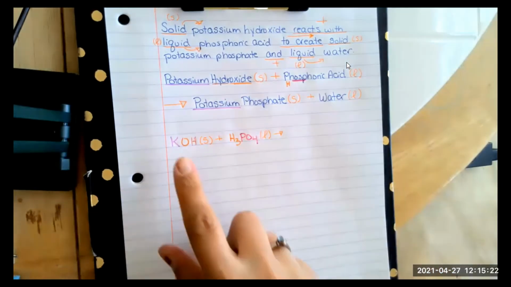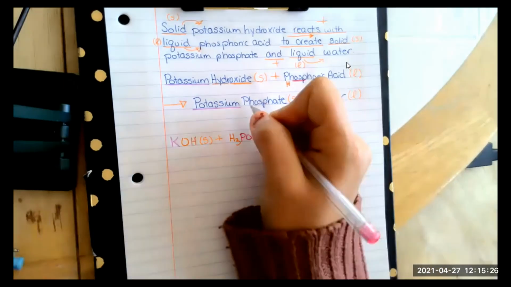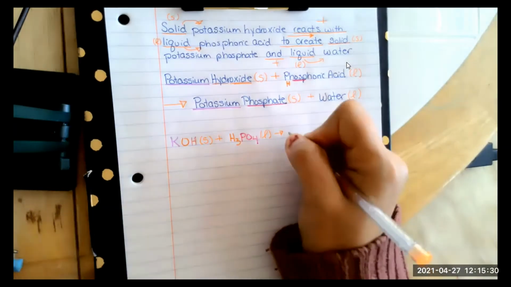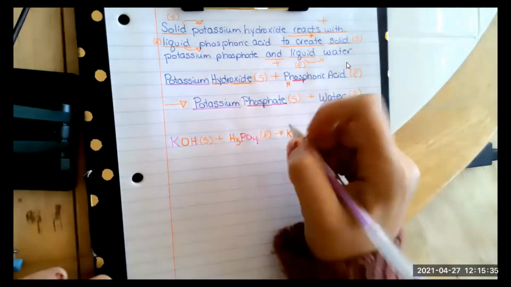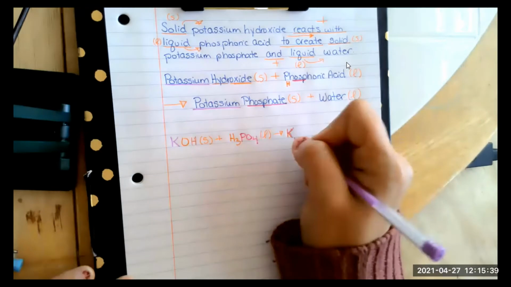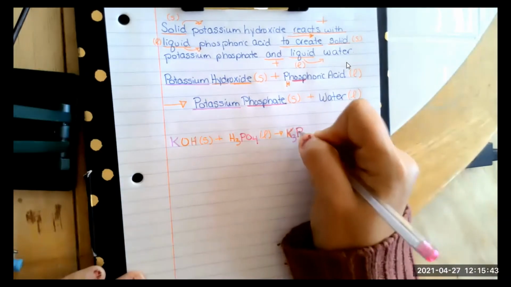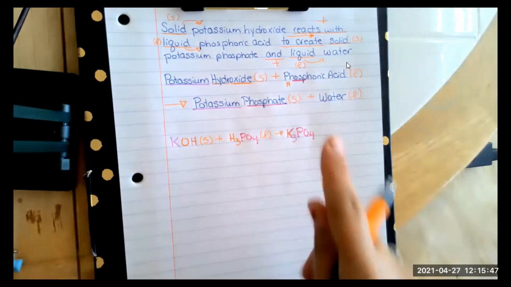Over here, I have potassium phosphate. We can go ahead and pull over our color coding for both potassium and phosphate. So I have K, that's not the right color, sorry guys. K3, PO4, and then we have to label that as our solid because it's a state of matter.